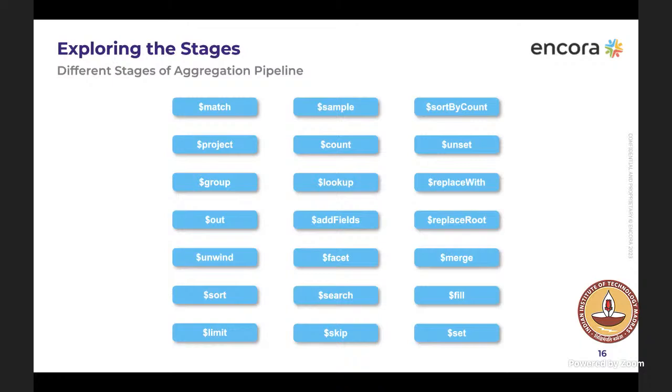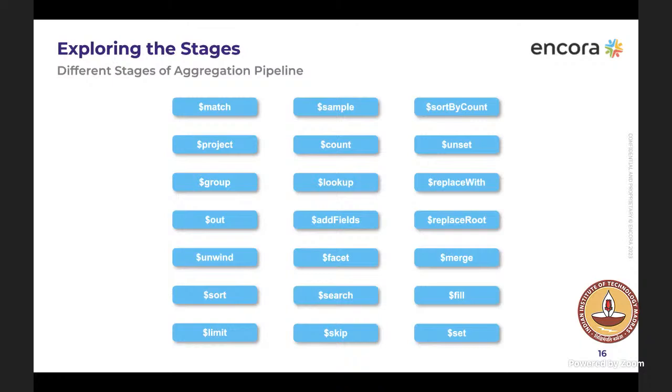Another is project, which is one of the most popular and most used stages to display fields. Let's say you have 50 fields in your single document, but in the response you don't want to pass all of them, you just want to pass only 2 fields. We can achieve that with project.